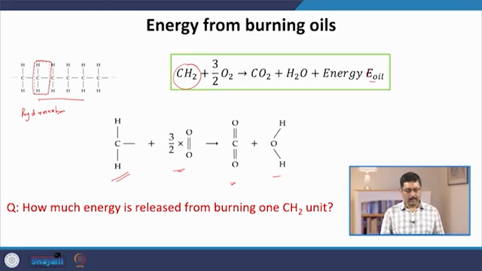So, the question is how much energy is released from burning just one such CH2 unit.